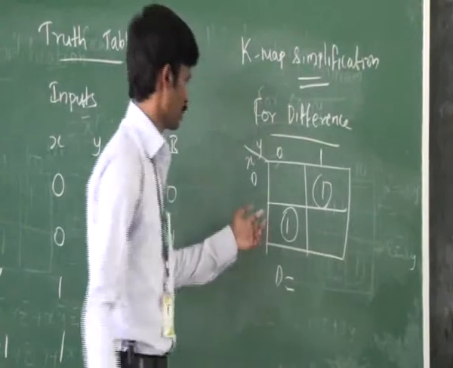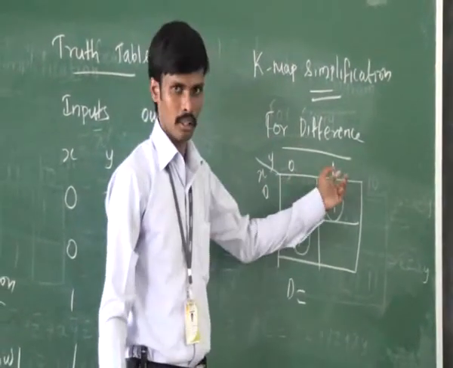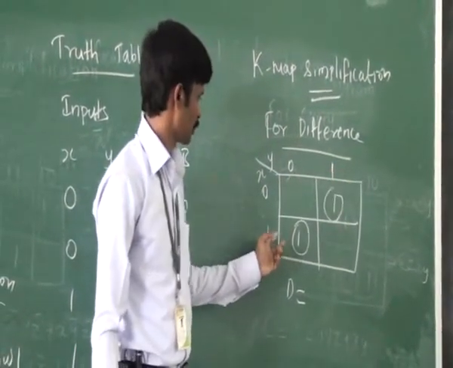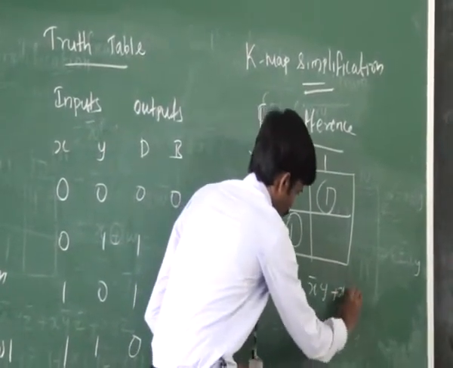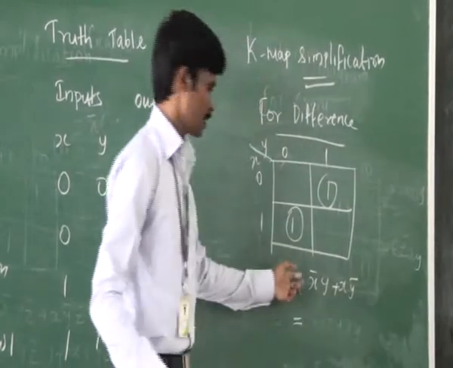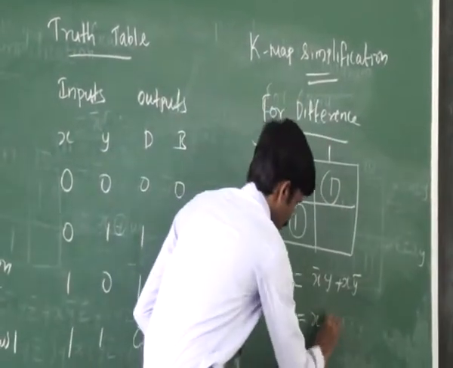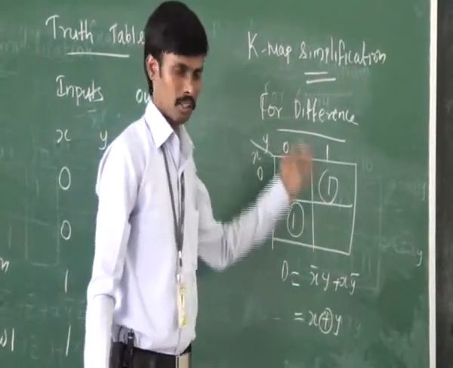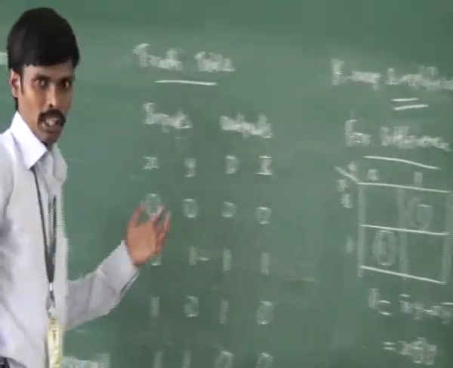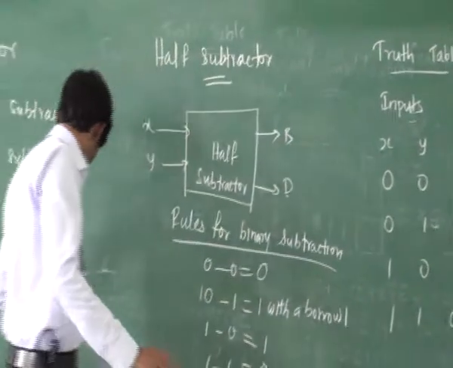So the difference expression will be x bar y plus x y bar. Then this can be written as x XOR y. This is the Boolean expression for difference. Next, let us see the Boolean expression for borrow.